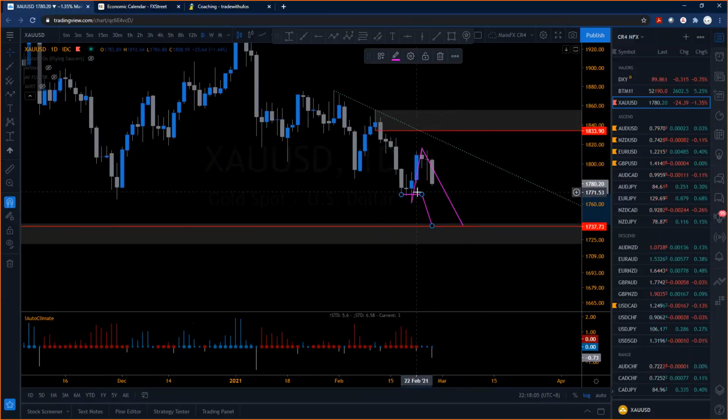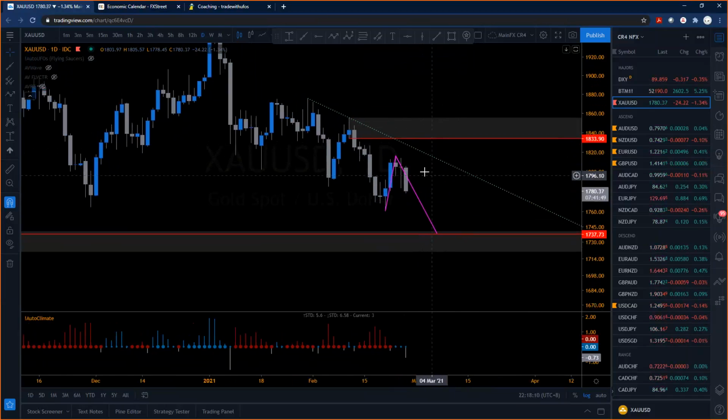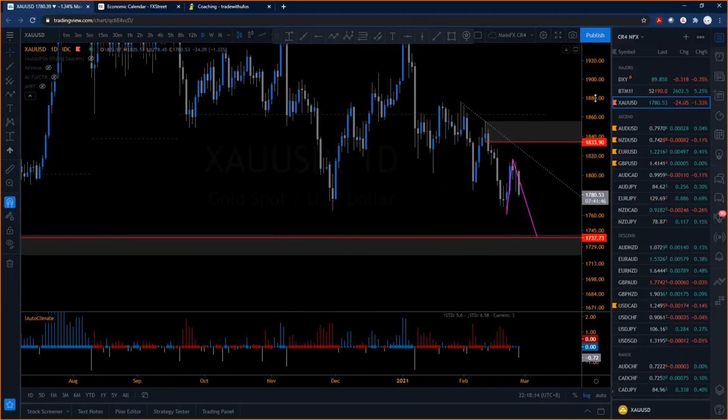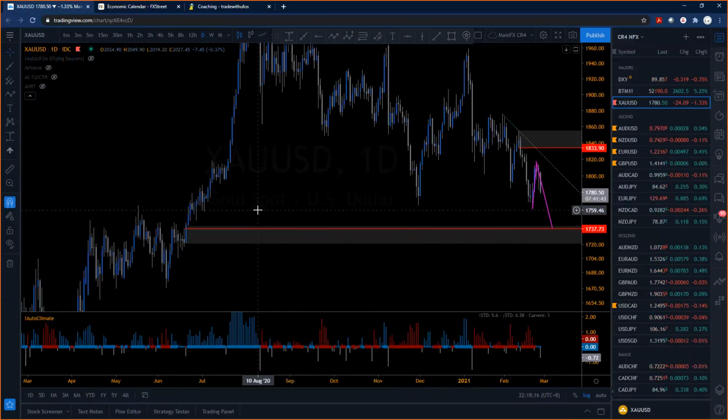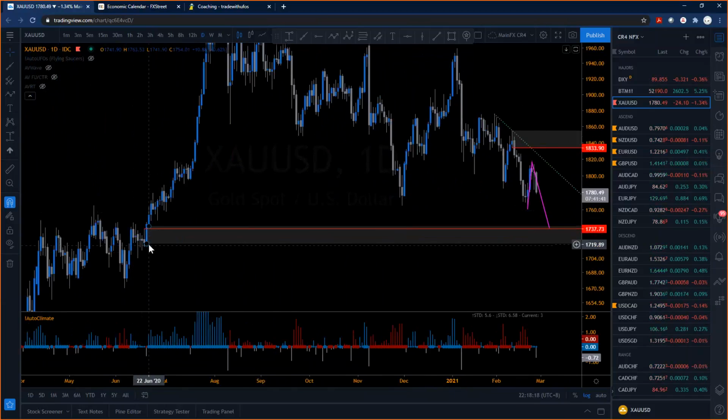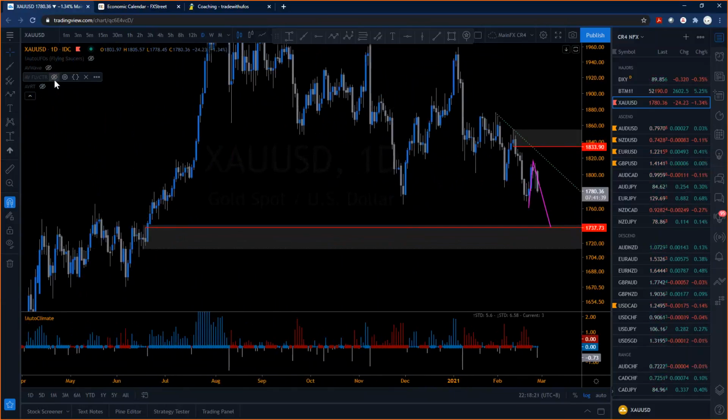Okay, let me just get rid of this. So where could gold head towards? It looks like it could head down to this area down here, and this is where the auto UFOs can be helpful.